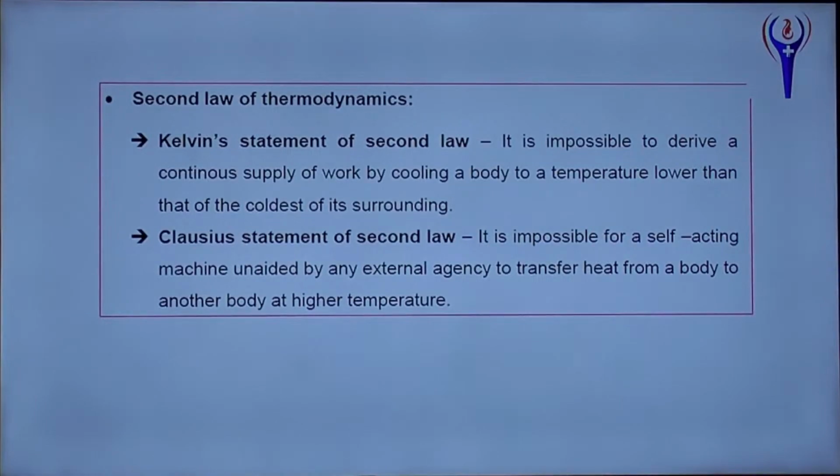But what is it doing? By switching on, the compressor motor is working and continuously supplying some amount of energy such that it reduces the temperature. It is impossible to derive a continuous supply of work by cooling a body to a temperature lower than that of the surroundings without any external work.